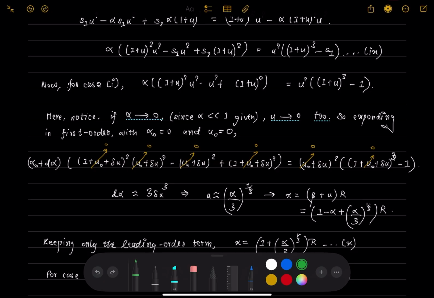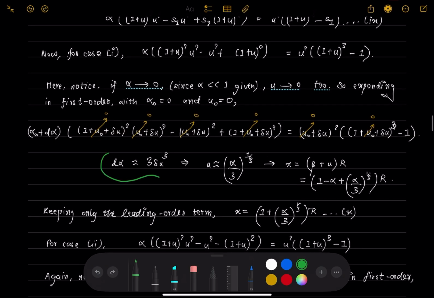And we consider only the first order terms in delta u, because delta alpha is also small, right? We consider only that, then we can obtain this small change in u, that is delta u.